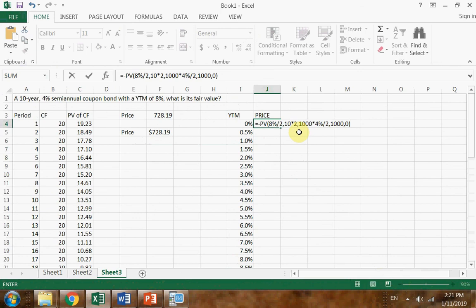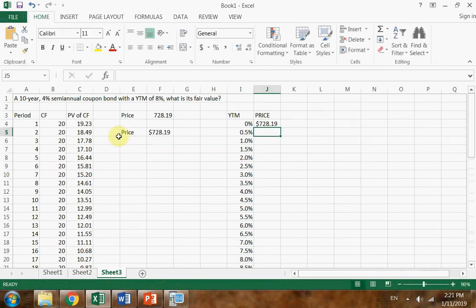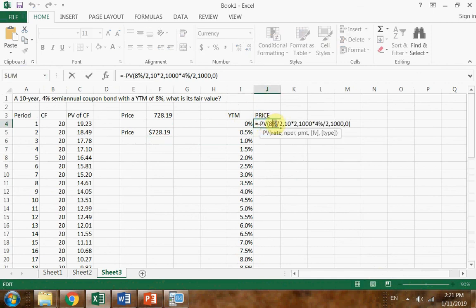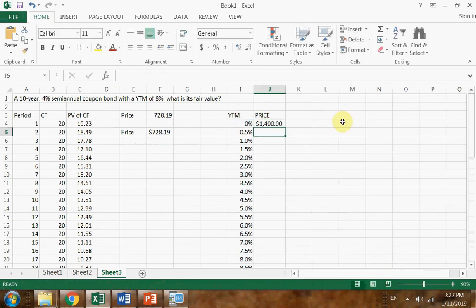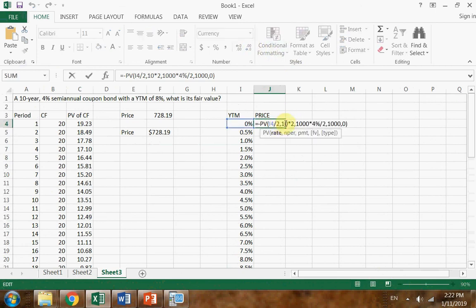Alright, so if I hit enter, it will be the same answer as the last one. Really, I'm going to change the 8% to 0%. That's the yield to maturity I'd like it to have. Okay, so I got a 1400.